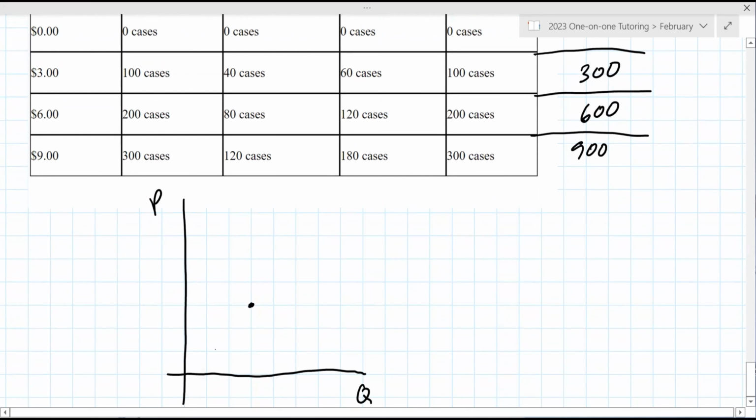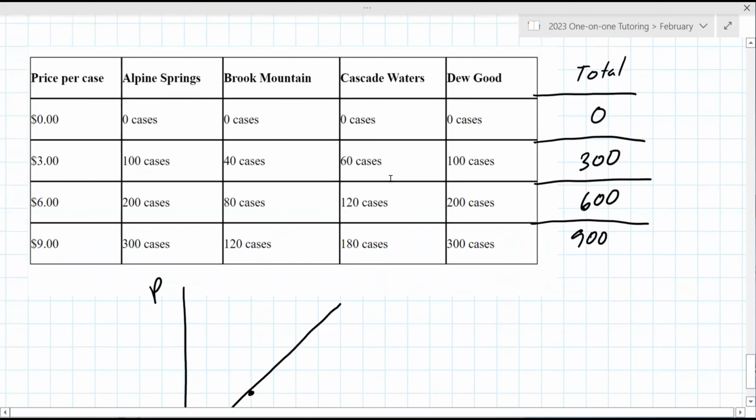So it's sort of this linear graph here, but this doesn't make any sense. Are these producers? Sorry, the number of cases. Okay, I'm sorry, this is the suppliers. That's why it's going up and to the right.